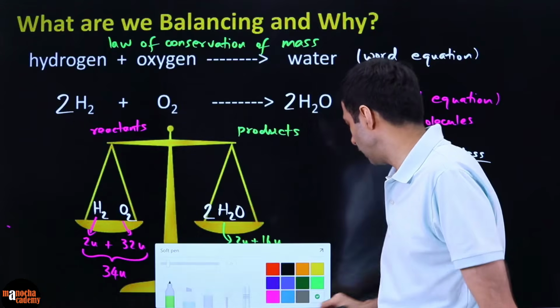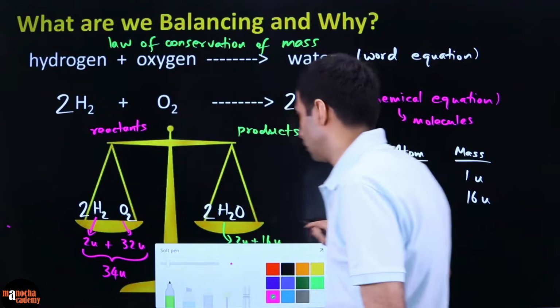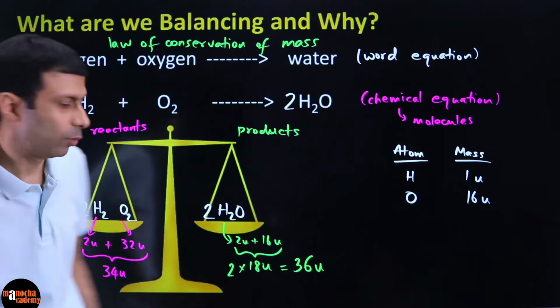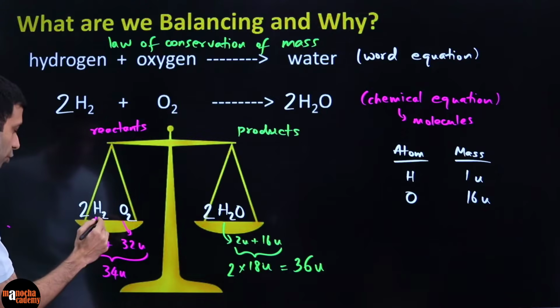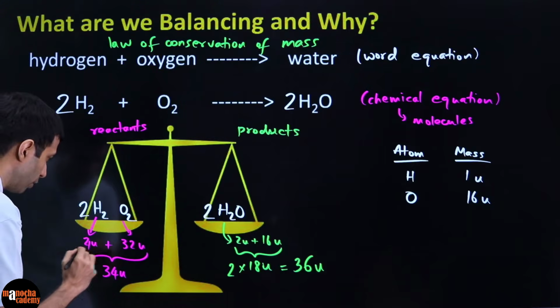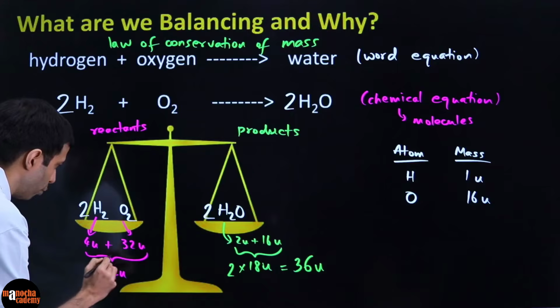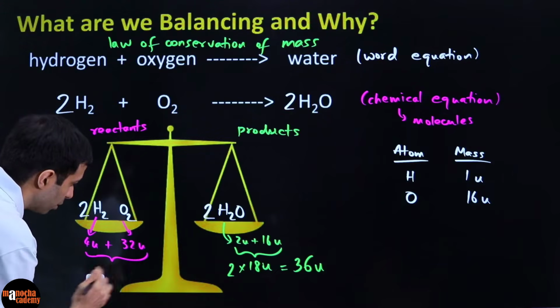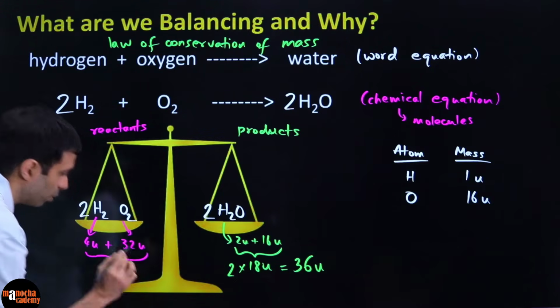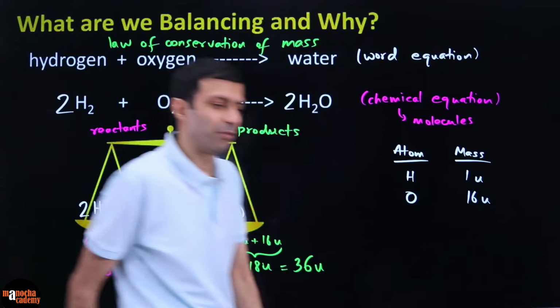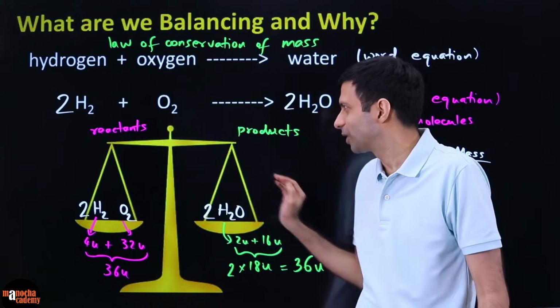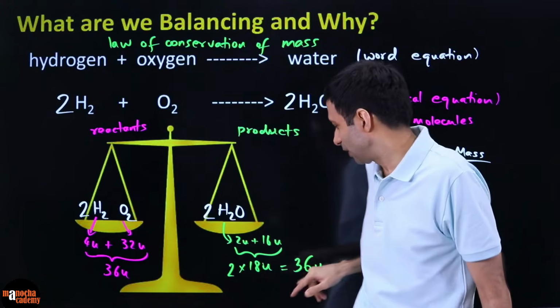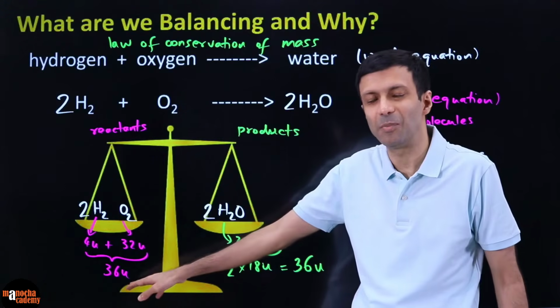Because when we put 2 hydrogen, this number is going to change to 4U, because 2 times 2, so that's 4U. So 4U plus 32U, 36U. So like the fruit seller, we are now happy because our thing is balanced. 36 AMU here, 36 AMU here.